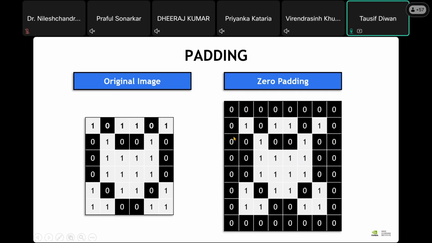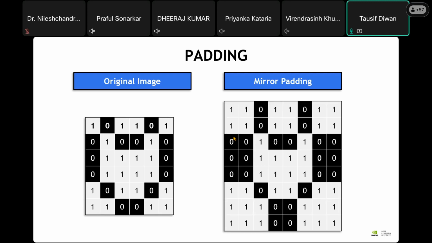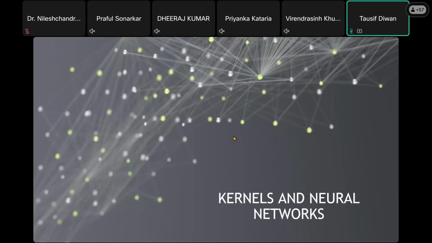Sometimes there is a necessity because if the kernel does not fit perfectly on the input, we are not having a perfect one-to-one multiplication between the filter's input and the input channel. Okay, so that's why we need to apply some sort of zero padding on the boundaries of the input, and then we can perform element wise multiplication successfully. That's why there is a necessity of this zero padding.